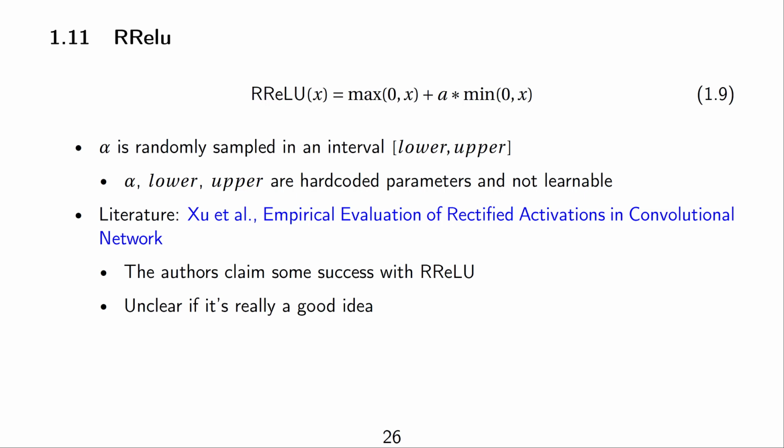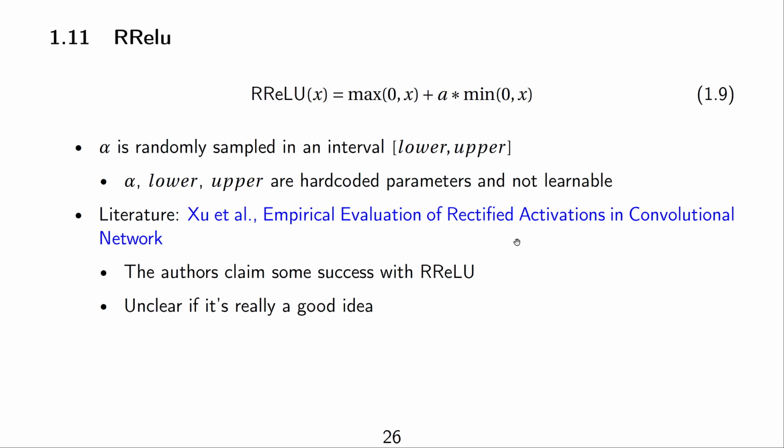So here's another idea, the random ReLU. This is similar to the Leaky ReLU, where the equation is the same, but now this parameter a, that is this negative slope for the negative part, is randomly sampled in an interval that is from lower to upper. So these are hard-coded in some sense, so they're not learnable, but they are randomly sampled.